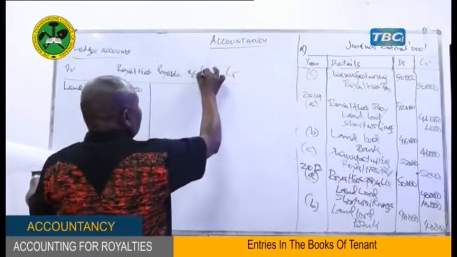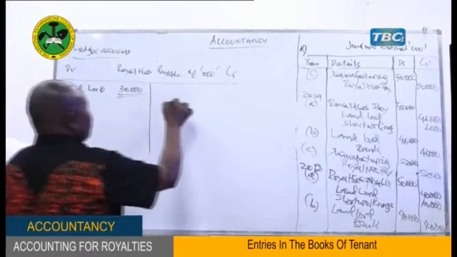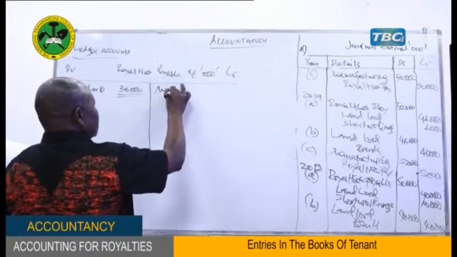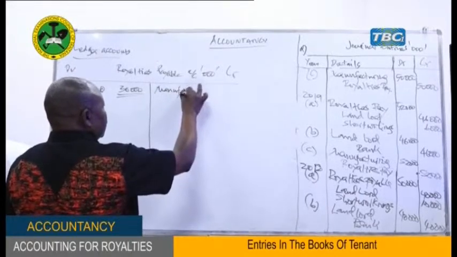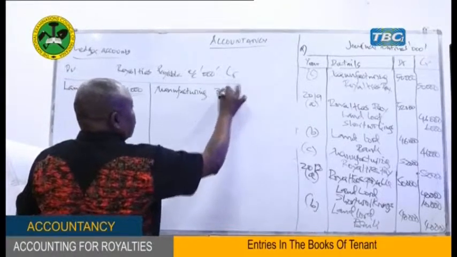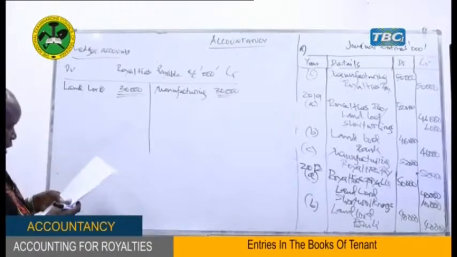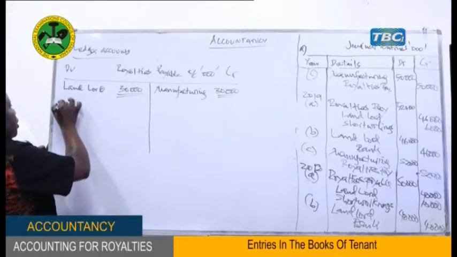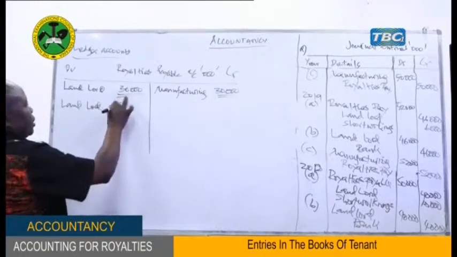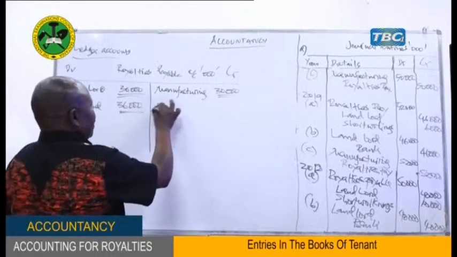Also, this will be in terms of thousand. So to close this, we just credit and debit manufacturing. Then 2016, the actual is 36. So we just debit this account by 36. And we transfer this to manufacturing.